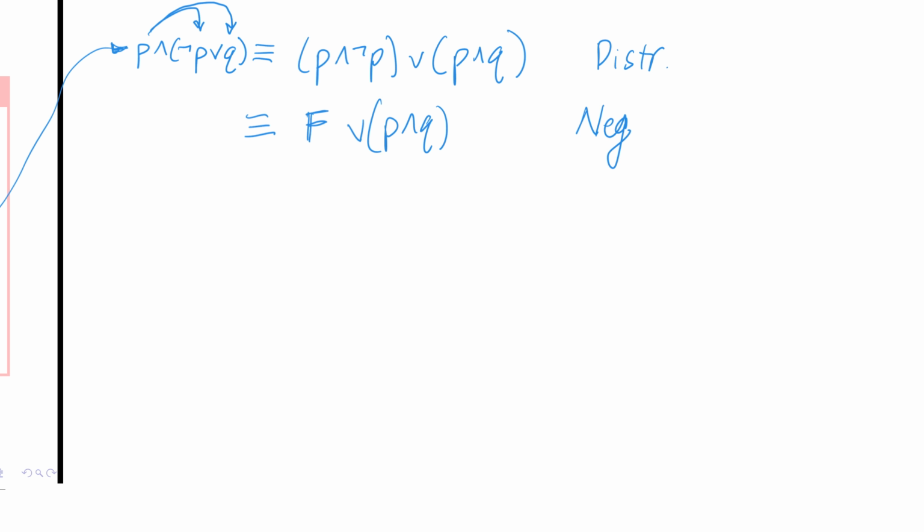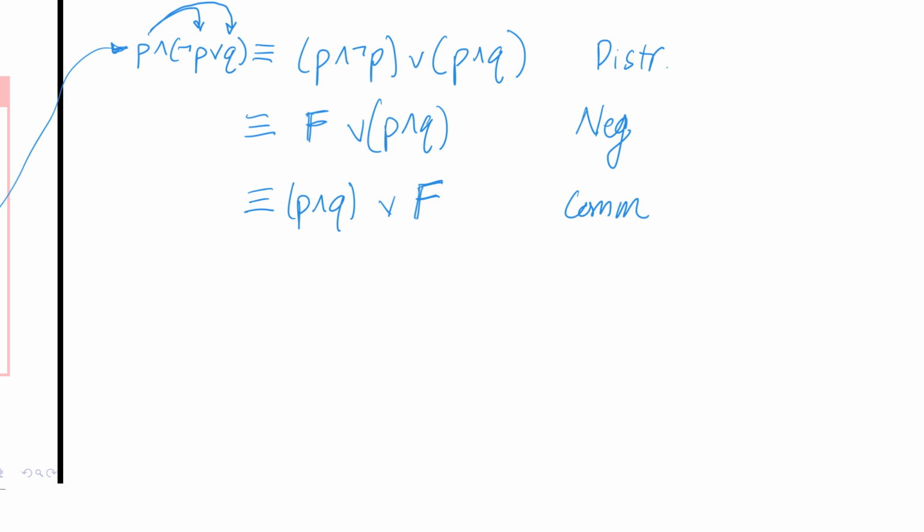So as we observed, something nice happens here. In particular, we apply the negation equivalence to say that that is equivalent to a contradiction. And probably we're already suspecting that we want to use one of the identity laws to basically drop the contradiction in the disjunction.